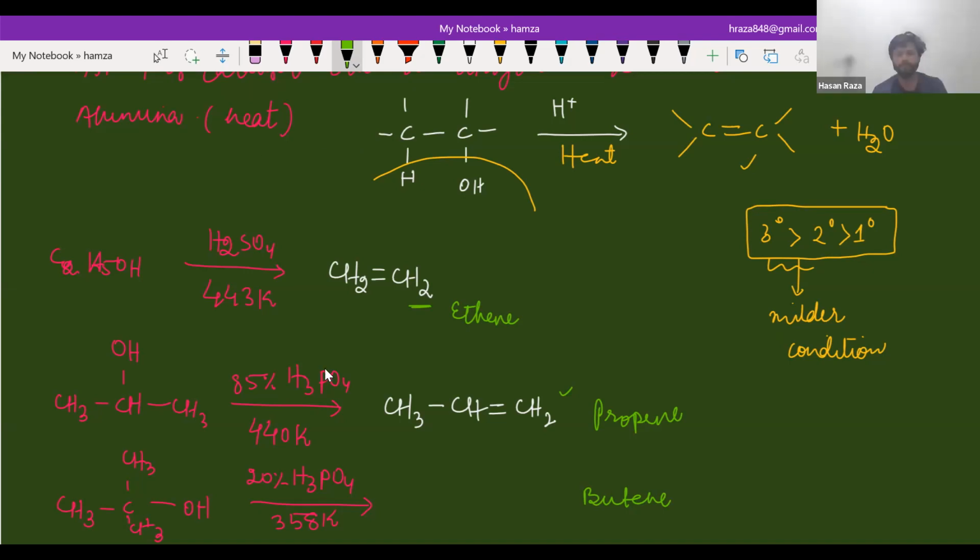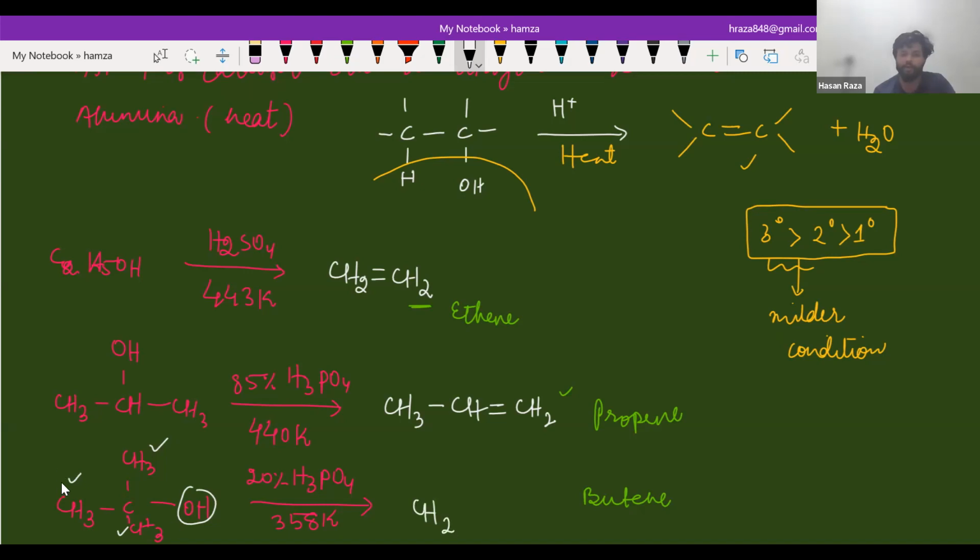Is it butene? What you just did is very simple. You are going to remove OH from here, and you can remove hydrogen from here, here, or here, wherever you wish. But you will not get a different product; you will get the same IUPAC name. So the product will be CH2.